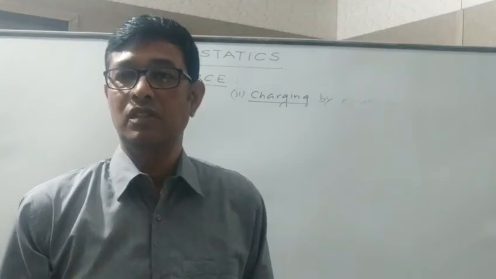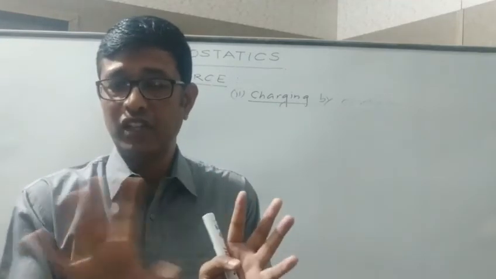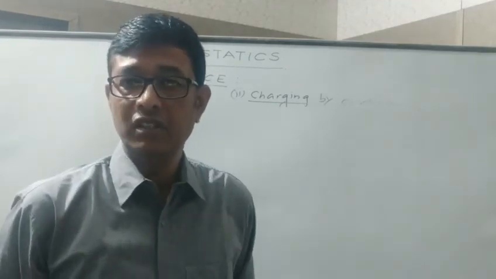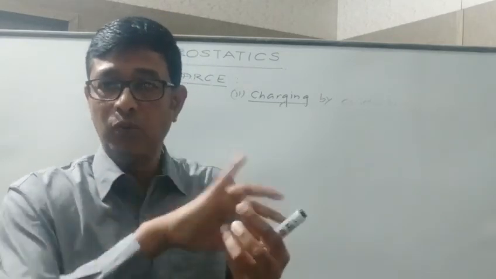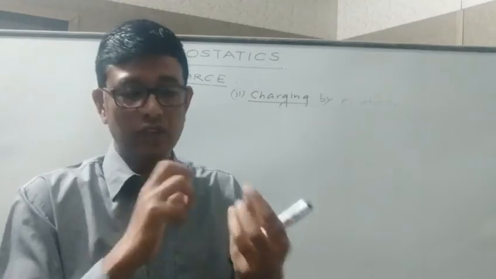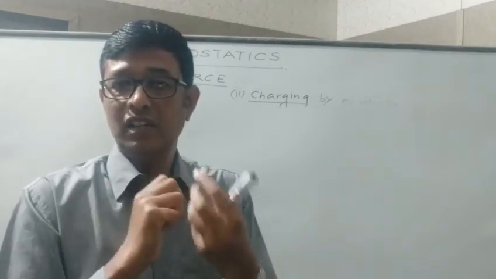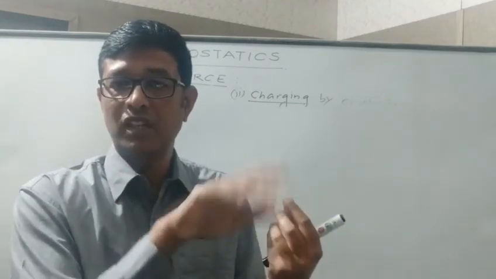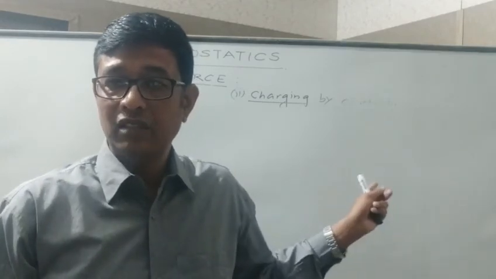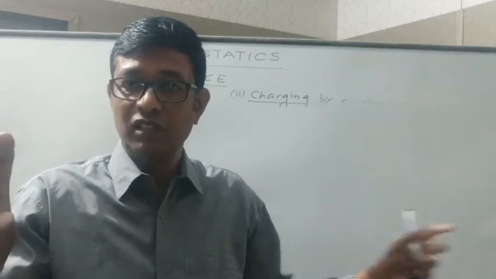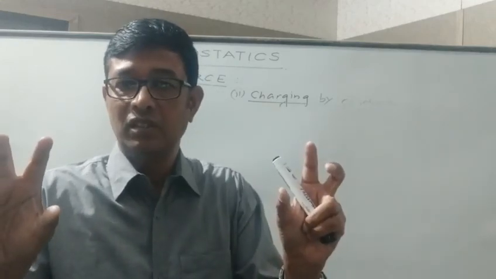So you got the difference between charging by friction and charging by conduction. Charging by friction means the bodies need to be rubbed against each other. Both are neutral bodies. After rubbing, one body will get positive charge, the other one will acquire negative charge. Conduction means one is a charged body, the other one is an uncharged body.